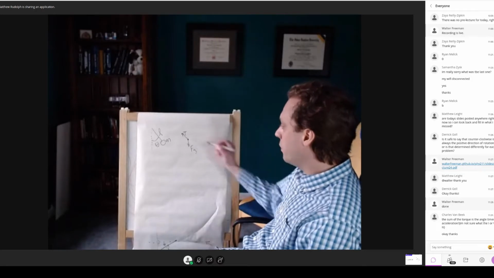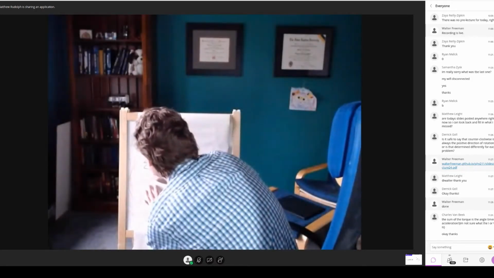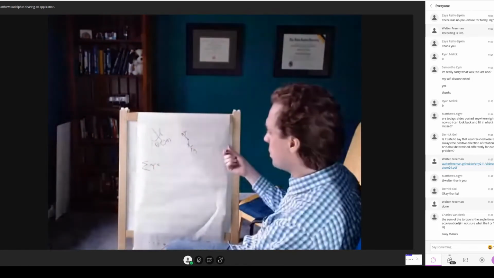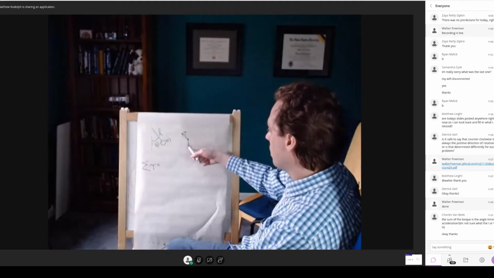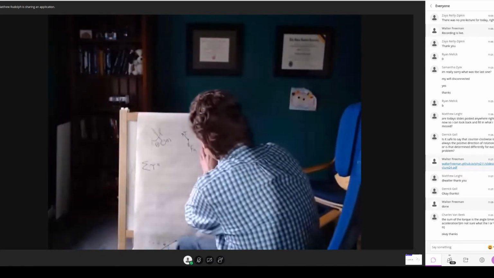Okay, so then I need to figure out what the torques are, right? So I have to write down the sum of the torque. I can think about the forces one by one and figure out what their torques are. So there's T and FG. Well, I should probably think about what my R vector is, right?